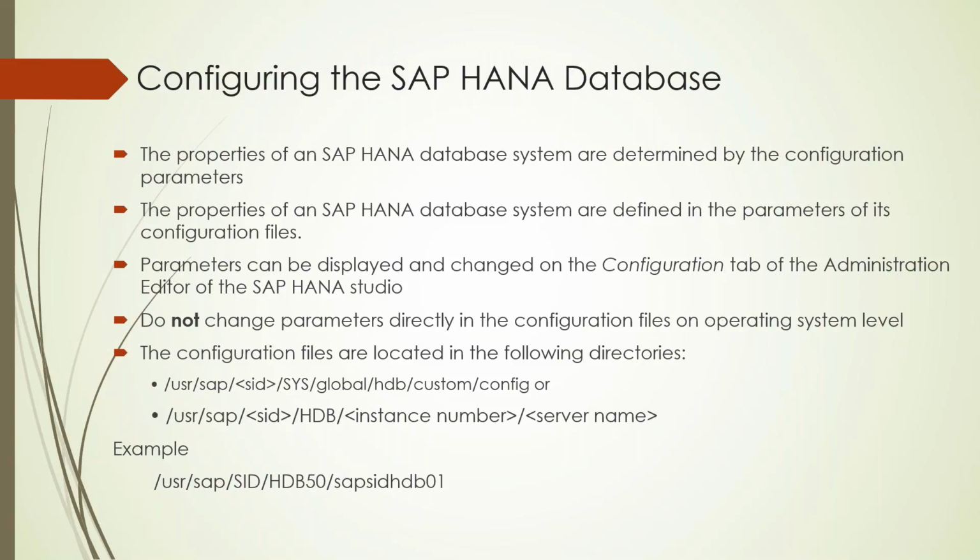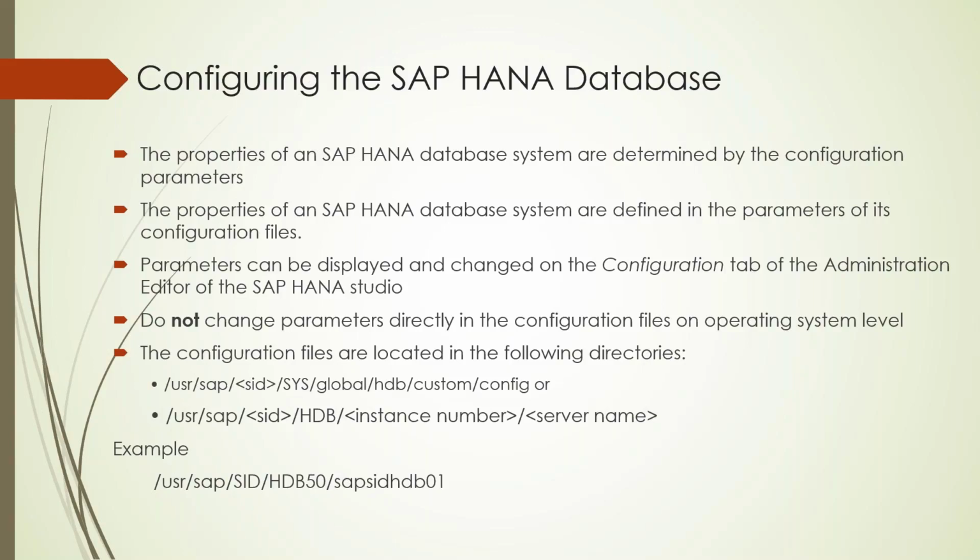They have their own configuration files, and those configuration files we call INI files. Whatever parameters we want to change, for example for the index server, you have to change in the indexserver.ini.